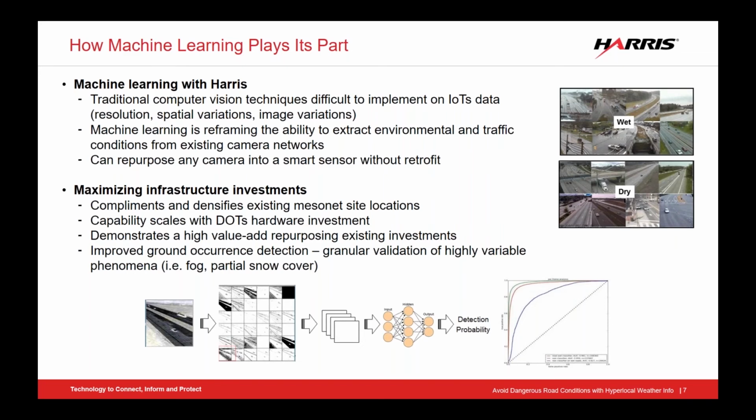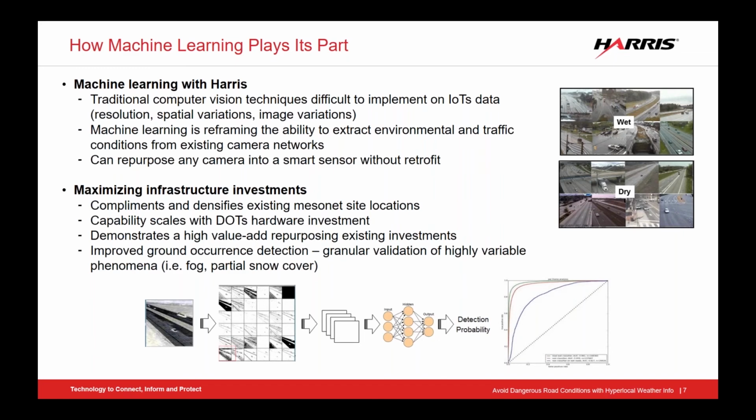So there are many, many types of phenomena that are very hard to capture, and they're very localized. Fog is one of them. I mentioned partial snow in that last paragraph simply because many RWIS systems look at snow, and they sometimes get confused with where the wheels of the cars are.